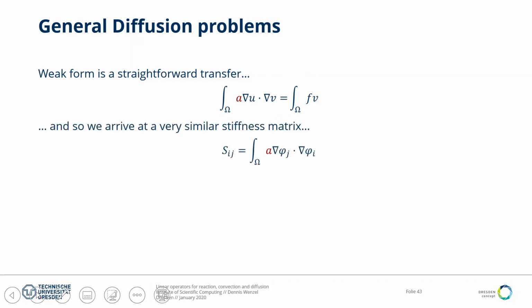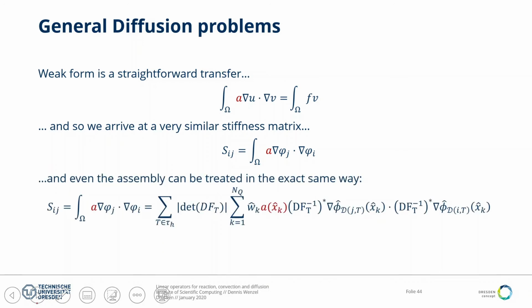The stiffness matrix is also the same, and also the assembly process can be treated just in the same way. The only difference is now you also have to evaluate this function A here. And then I can see that I've made a tiny bit of a mistake. So it should not be A of xk hat.